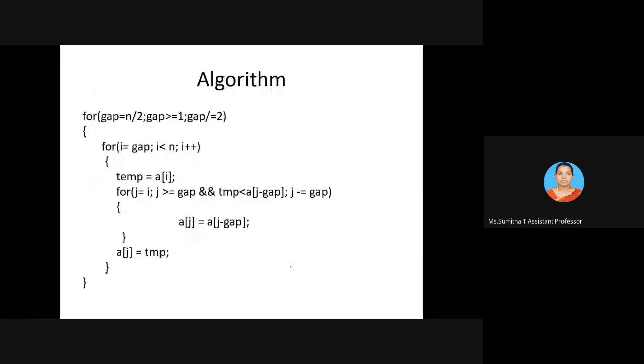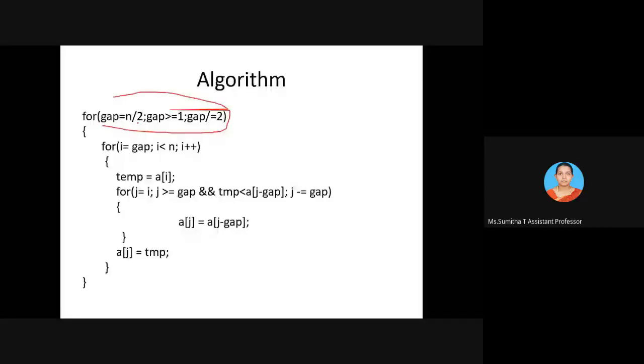I'll go for the shell sort algorithm. Just go with gap equal to n by 2 and gap should be greater than 1. And next, how we can do the incrementing or decrementing of the gap: gap equal to gap divided by 2.